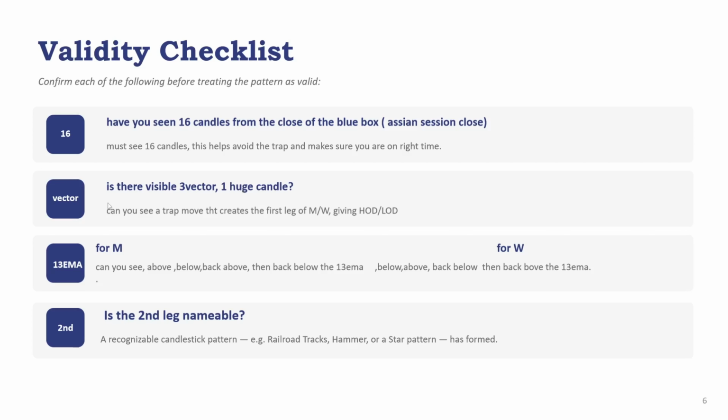After that, is there a visible vector? Sometimes you can see 3 vectors towards the high or the low: 3 huge candles that are the same color. If it's high, it's 3 green candles. If it's low, it's 3 red candles that are huge. That doesn't look normal.